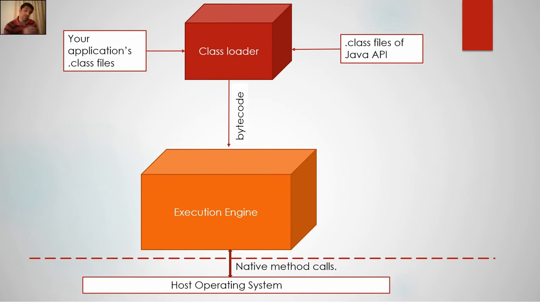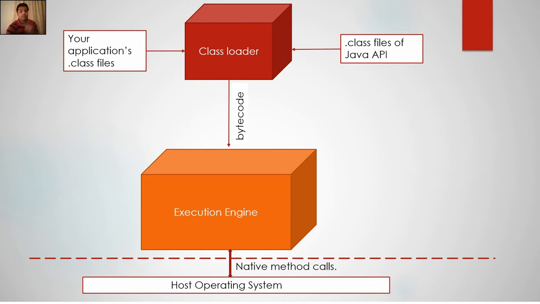In the previous example, we saw java myapp, so in this case, the class loader is responsible for loading the myapp.class file. It also has to load the built-in class files that are part of the JVM, for example, string.class, object.class, and all the collection classes, etc.